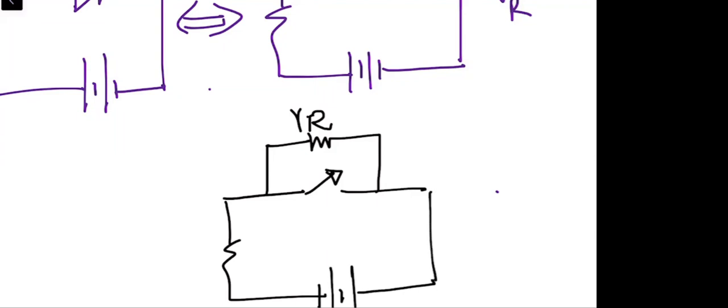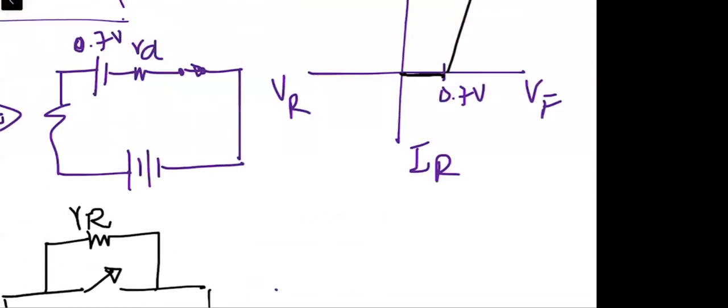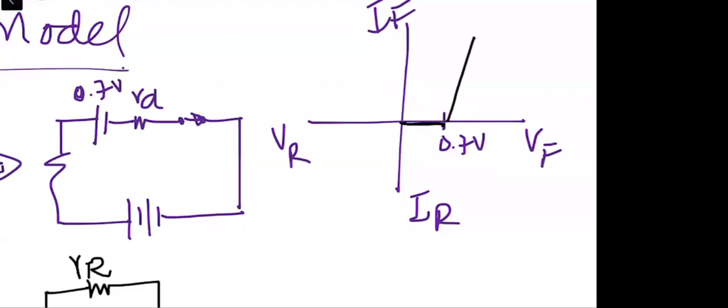So a very, very small amount of current will be flowing, and the curve will be something like this.